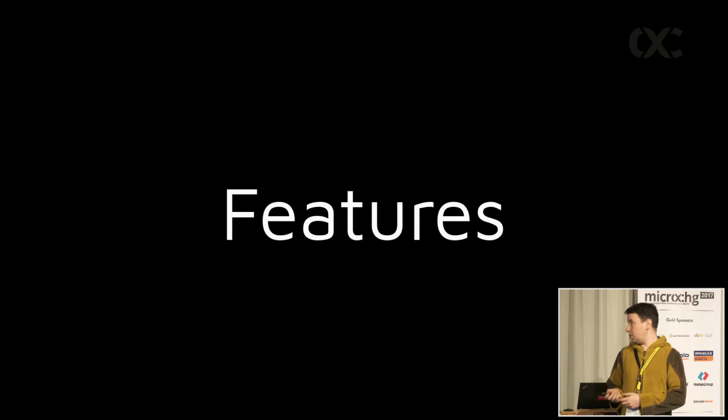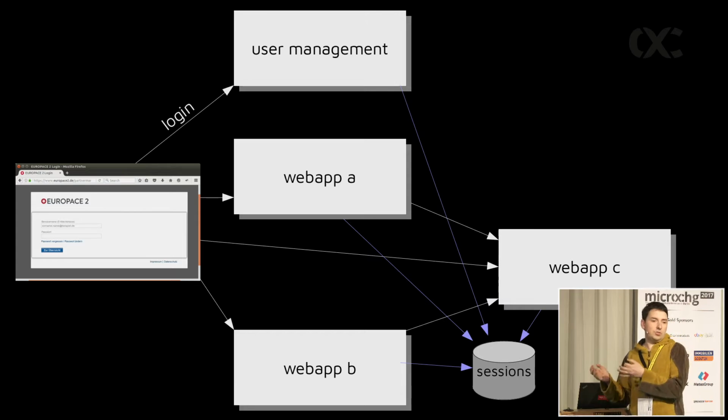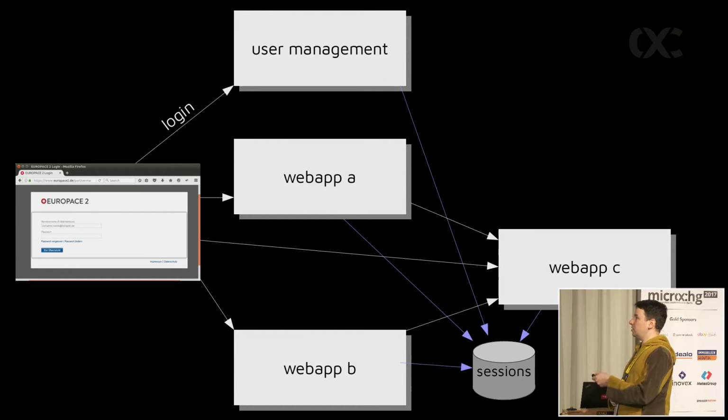So now the third data point is the JWT token, and we use it for authentication. When we started with our software some years ago, we used the traditional session ID, session handling stuff. User does a login, sends the username and the password to the user management web app, and the user management web app creates a session record in the session store.